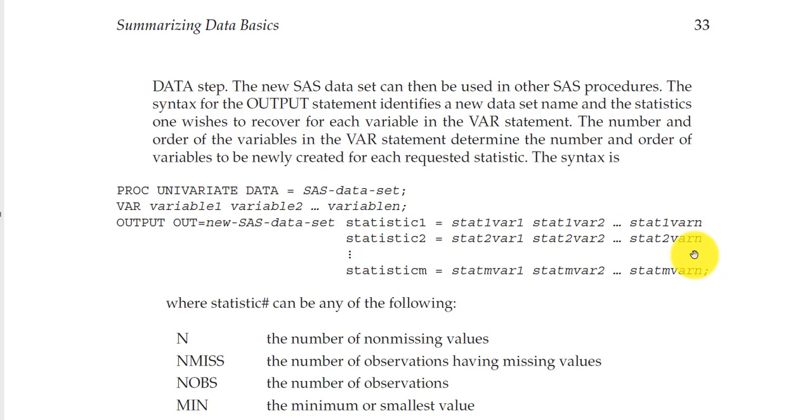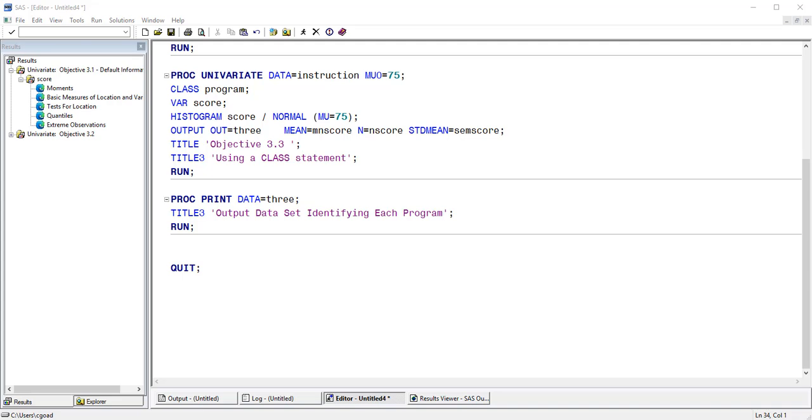We'll look at this in greater detail in future operations. Objective 3.3 illustrates how to use the output statement. We can look at it using both a class statement and a by statement if we wanted to.